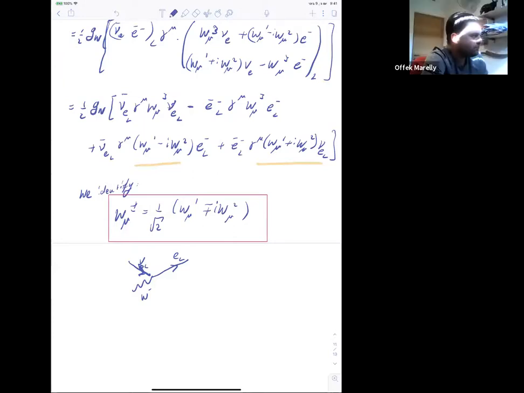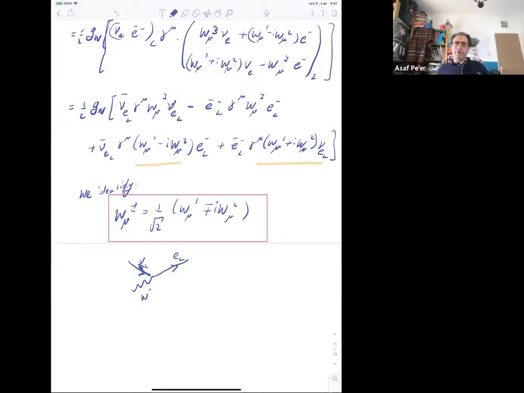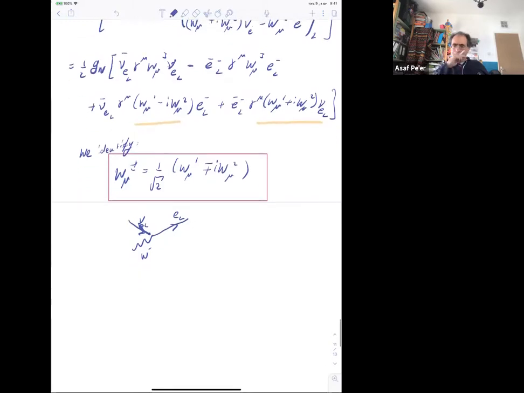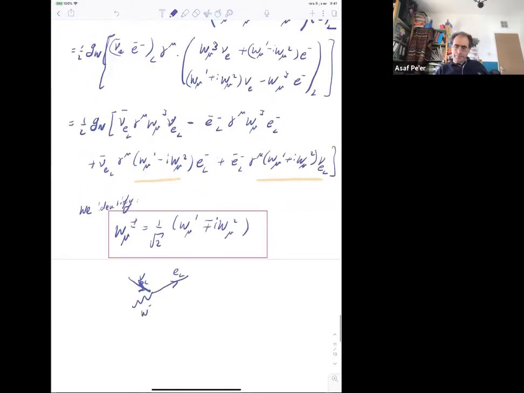So what does it couple? Only neutral ones. So it can couple a neutrino to a neutrino, or an electron to an electron. So where is the Z here?